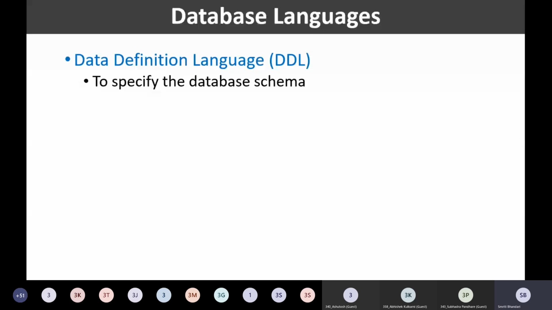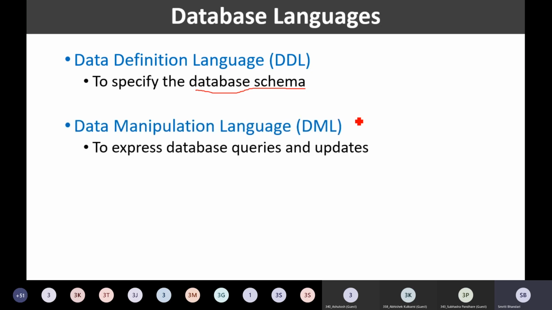As far as database languages are considered, we have two categories of languages. The database system provides a data definition language, known as DDL, and this language is used to specify, to define, the database schema.